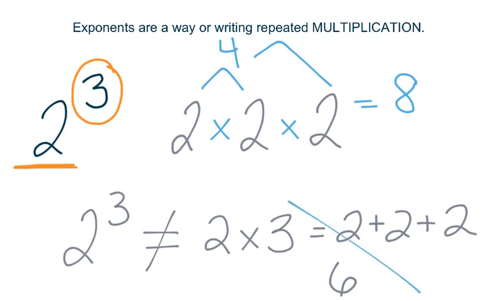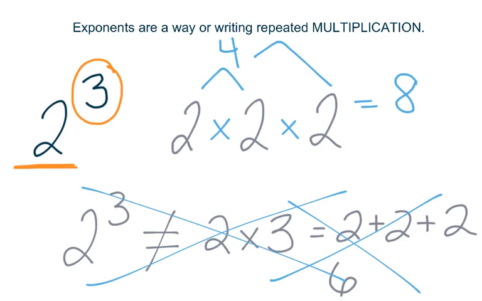So these are not the same thing. So 2 cubed, or 2 to the power of 3, this is also called a power. 2 to the power of 3 is 8. And this is your expanded form because you wrote it all the way out.